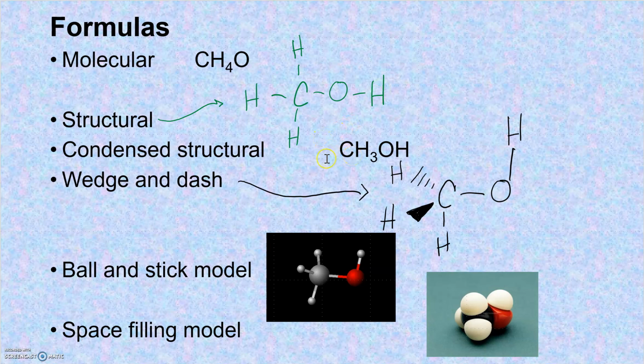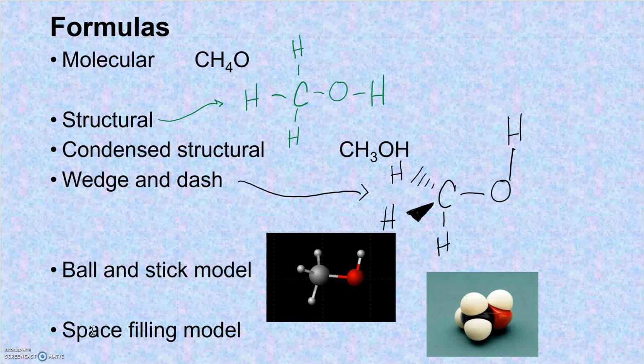But one thing to realize is that this is just 2 dimensions, and in the real world, these molecules are 3-dimensional. So you'll see we've got 3 different ways that we can represent the 3-dimensional nature of a formula.